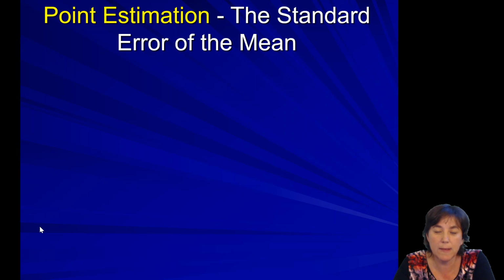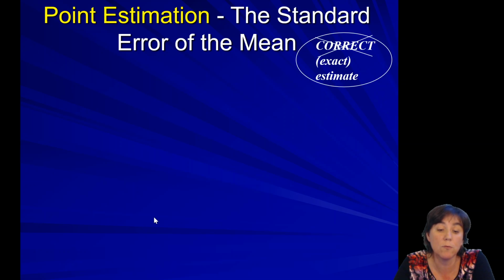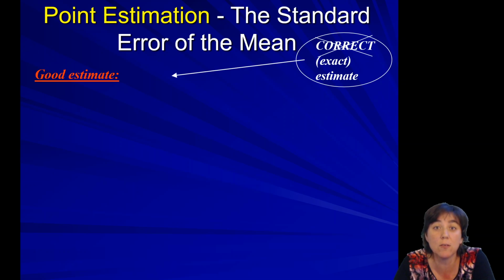But so far, let's stay with point estimation, and here we will also refer to the standard error of the mean. Why? Because we know that this point estimation is a good estimate, but it's never a correct one. It always has its flaws, so we cannot make an exact estimate.